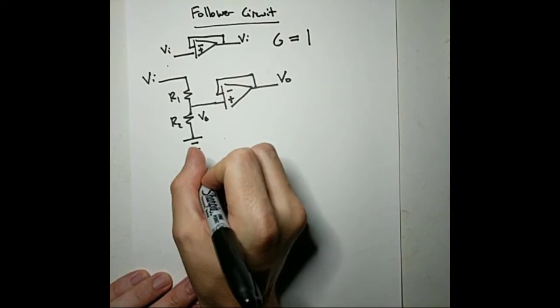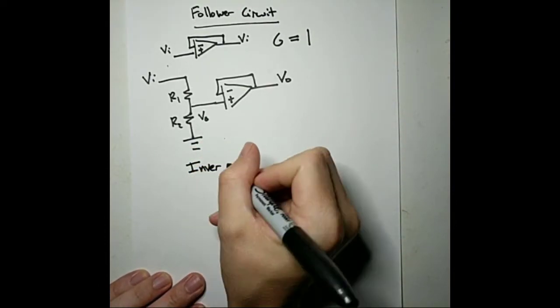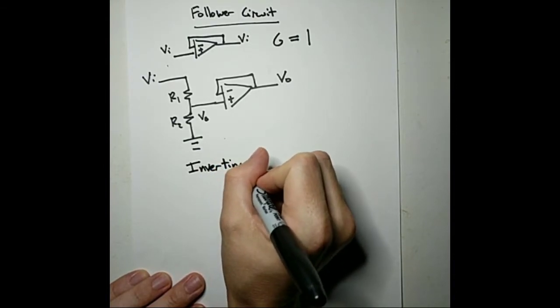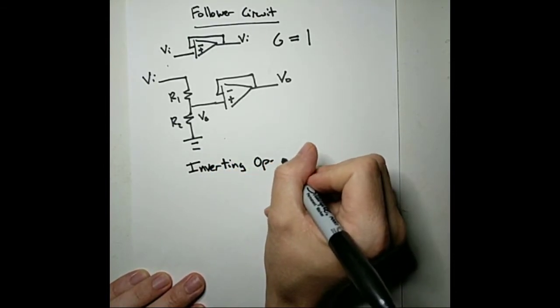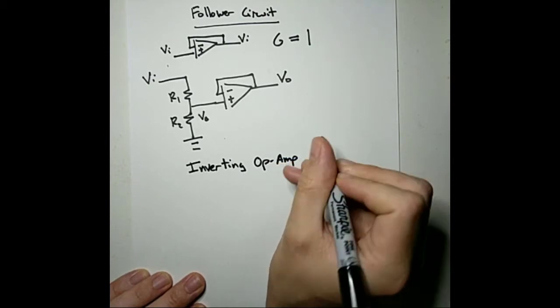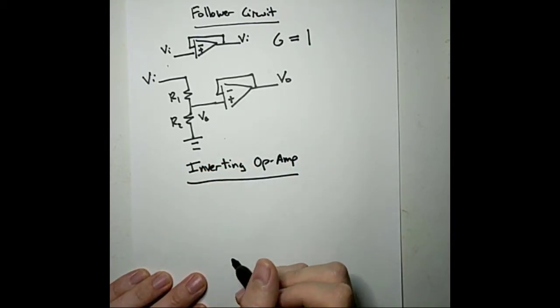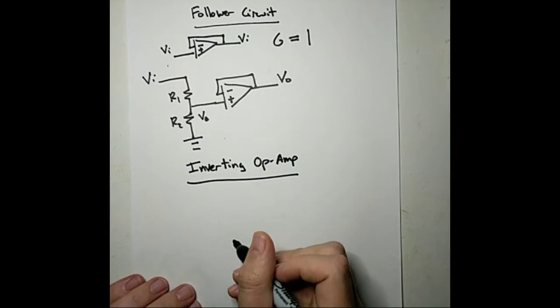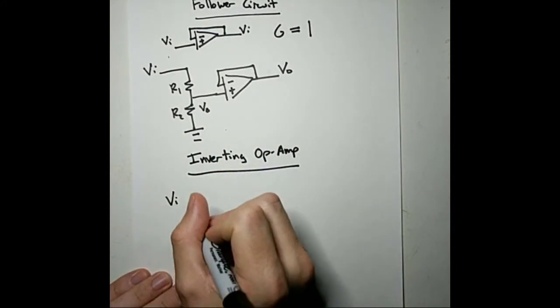So another way of wiring up an op amp in a circuit is an inverting op amp. So an inverting op amp looks like this.